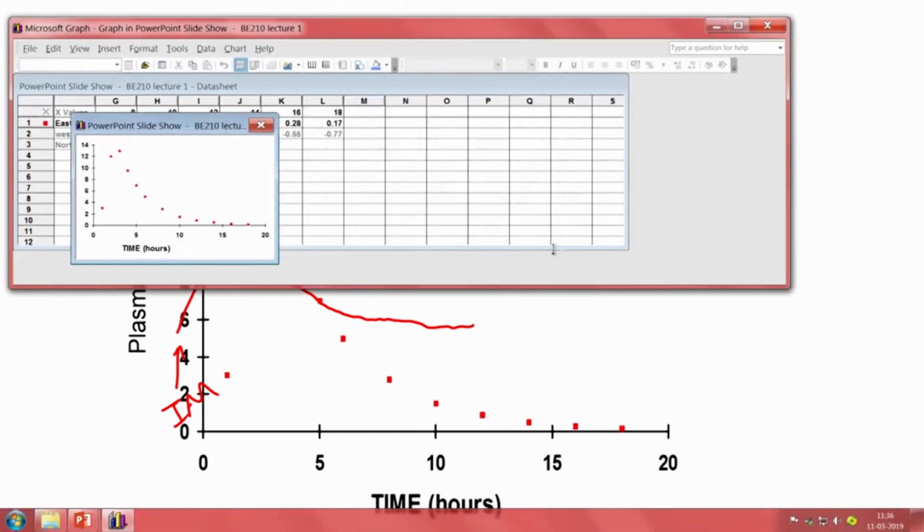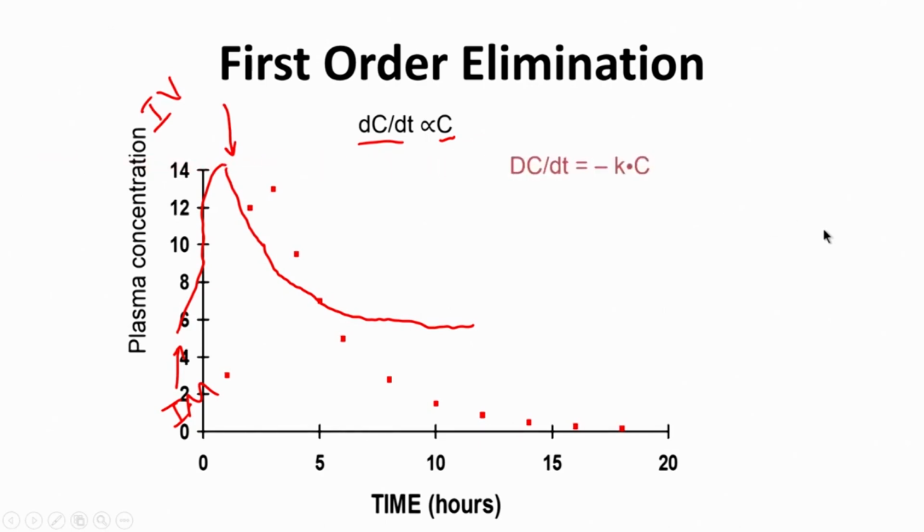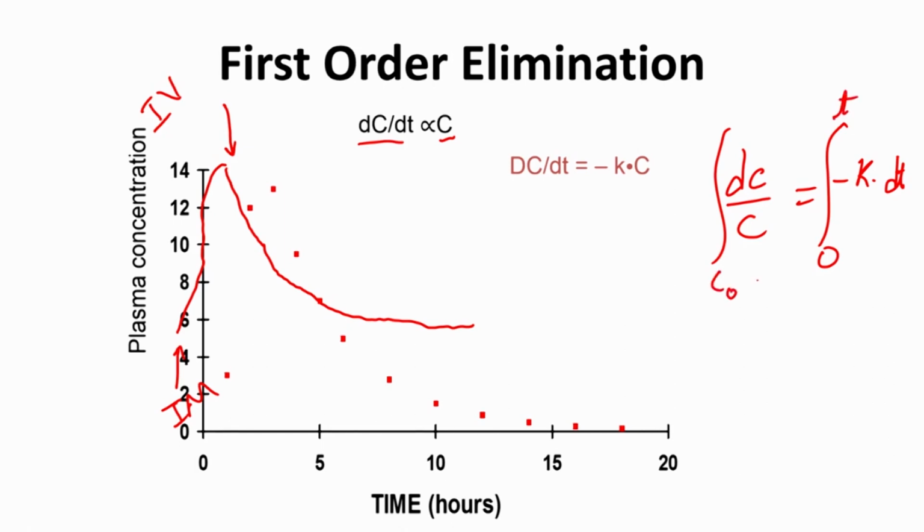We are saying again that dC by dt is equal to minus k, since the concentration is decreasing, multiplied by the concentration. To integrate this, I can separate out the variables. So, this becomes dC by C is equal to minus k times dt, and if I now integrate both sides, time goes from 0 to t, and concentration goes from the initial concentration C naught to some concentration C at a time t.